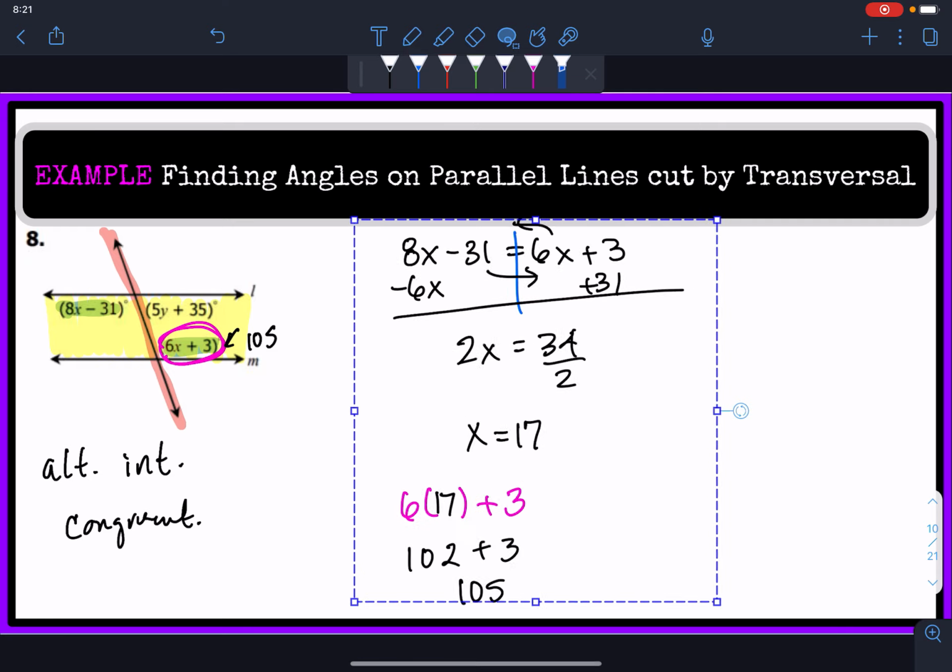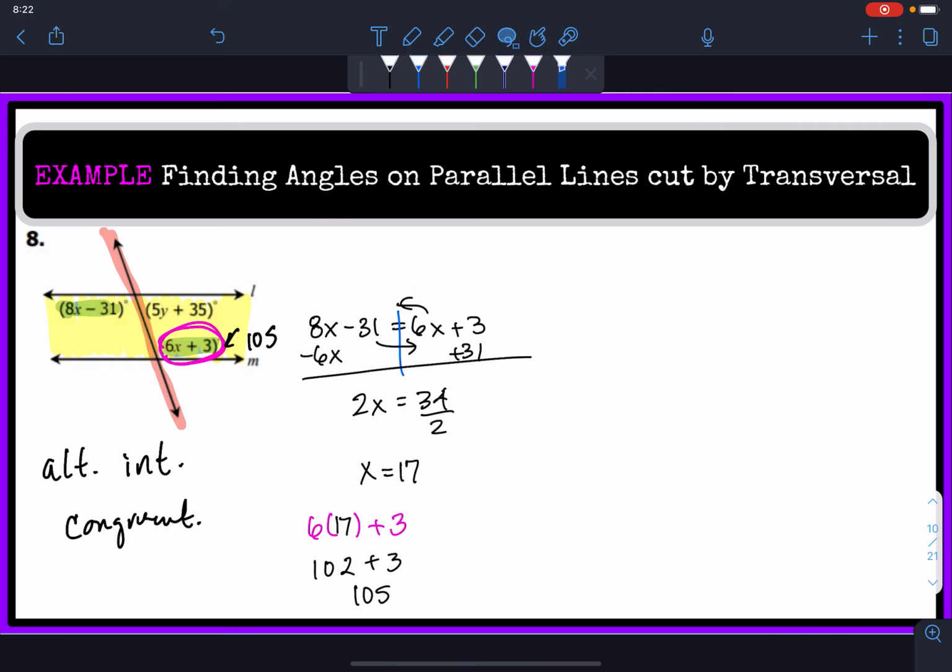Let me move this out of the way. So I'm going to get the 5y plus 35, add the 105, and that would equal 180.